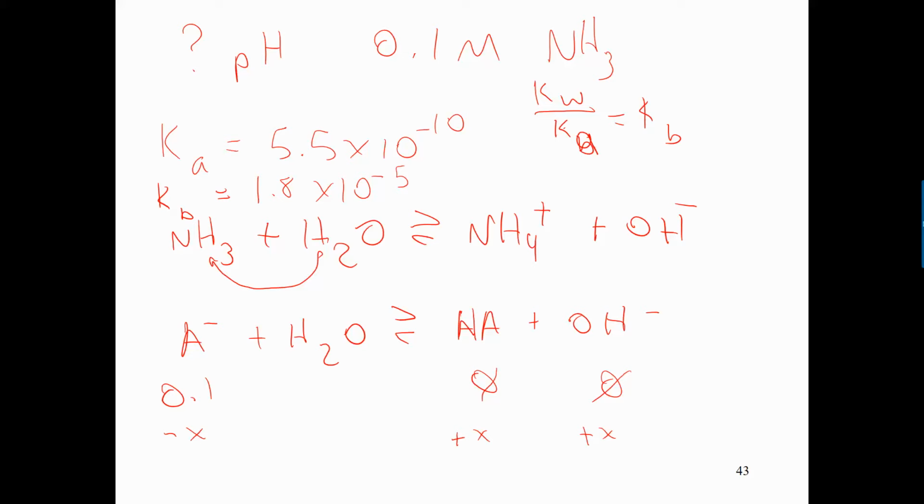But this is a weak base, so we do have to do the ICE table. Exactly, because it's a base, Kb will tell me the OH minus, a Ka will tell me the H plus.